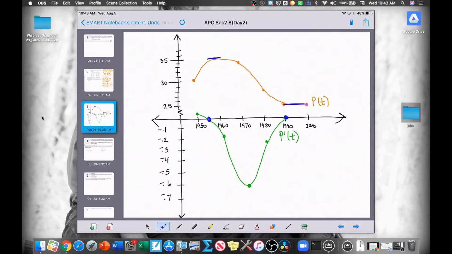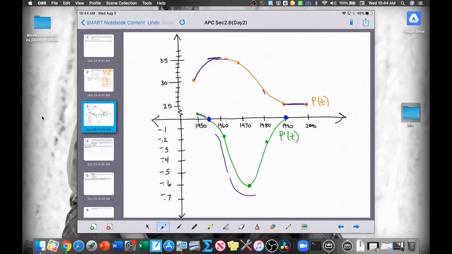All right. When I look at the shape of my curve and I think about the slopes being positive and negative, right here on my original function, my slope is increasing and my derivative is above 0. And then my slope starts to decrease and is decreasing all the way until it crosses the x-axis.